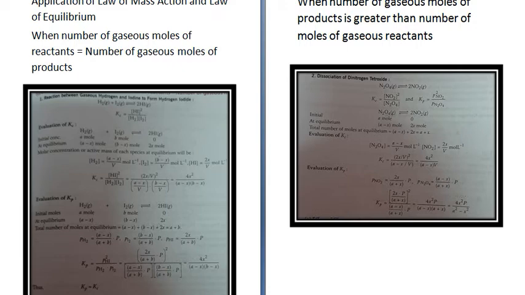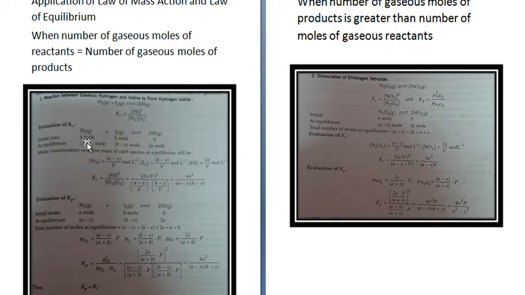First is if the number of gaseous moles of reactants is equal to the number of gaseous moles of product. Number of reactants is equal to number of products and they are all gaseous. For example, H2 plus I2 is giving you 2HI. In that case, Kc will become HI square divided by H2 into I2.